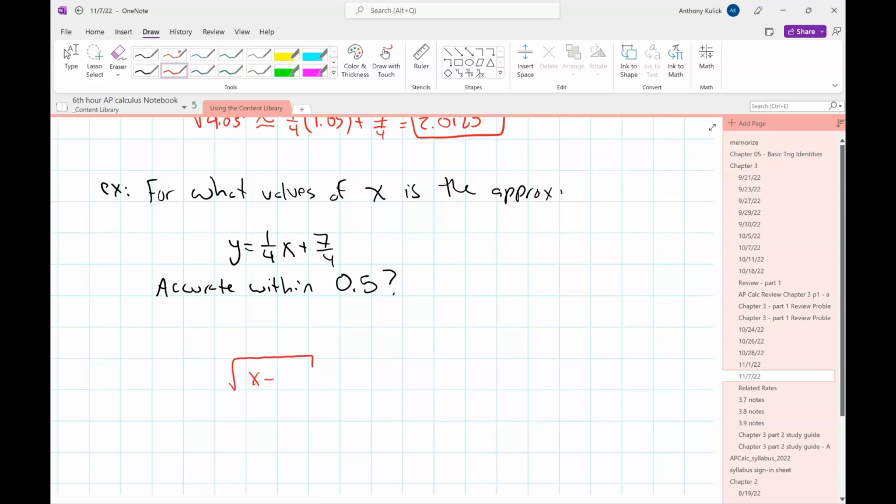Well, the actual minus my approximation needs to be less than 0.05. Or really greater than negative 0.05. Everybody agree with that?